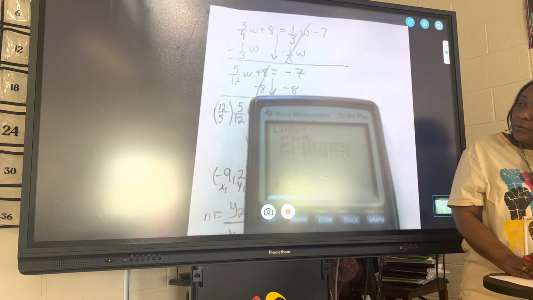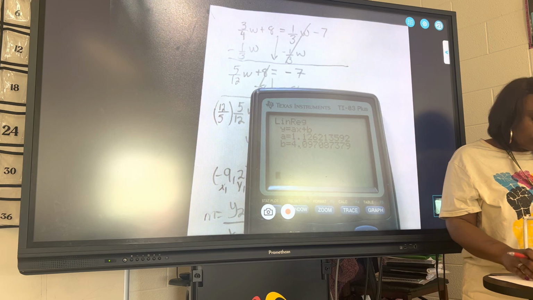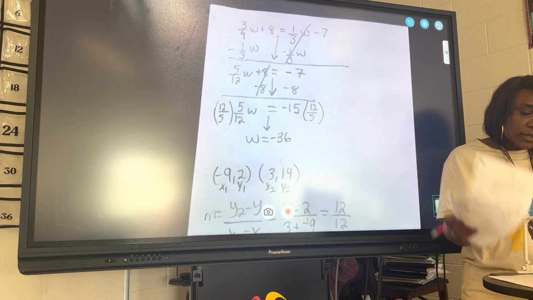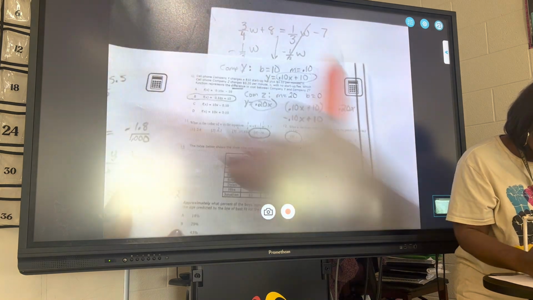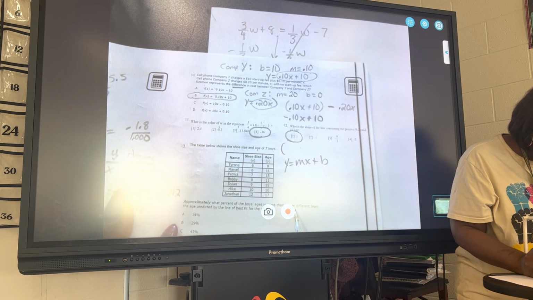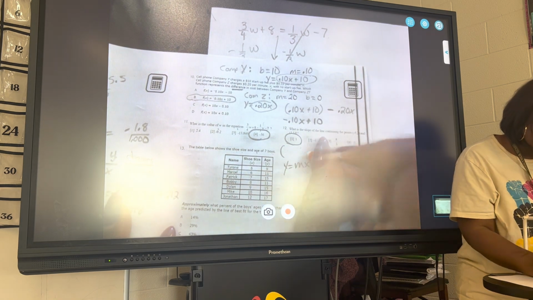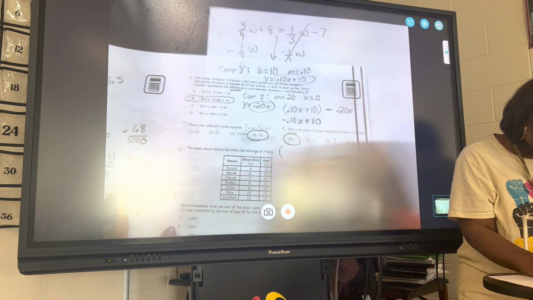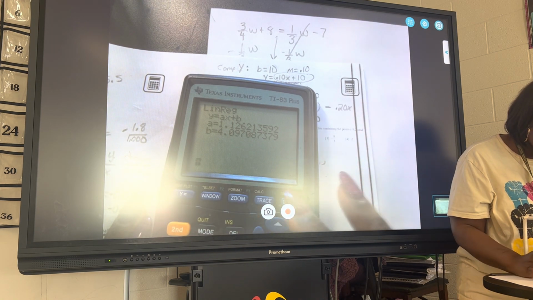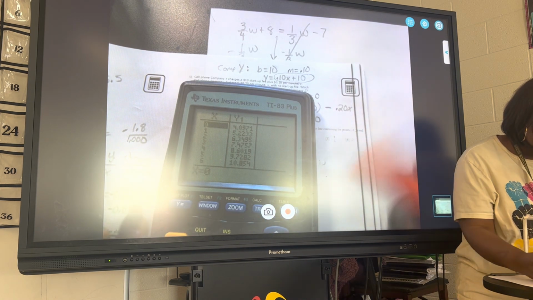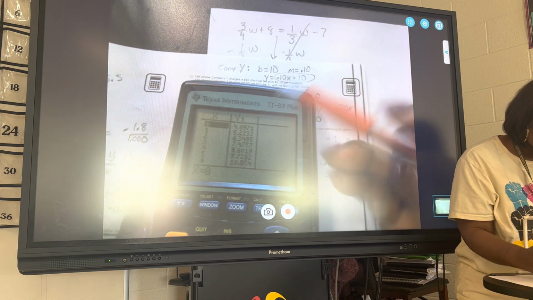Alright, so what they're asking me for is, what's the percentage of people that are above a year from the predicted age? So we need to look at the line of best fit to see their predicted age. So go to the table, second table. These are the predicted ages, okay?